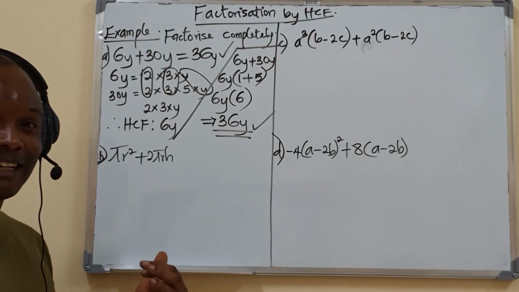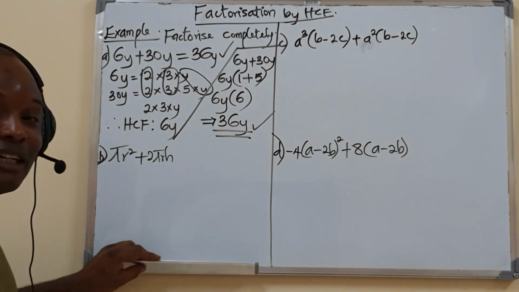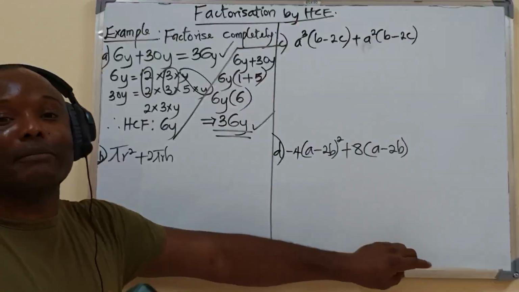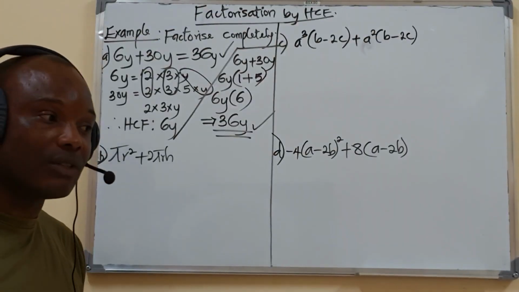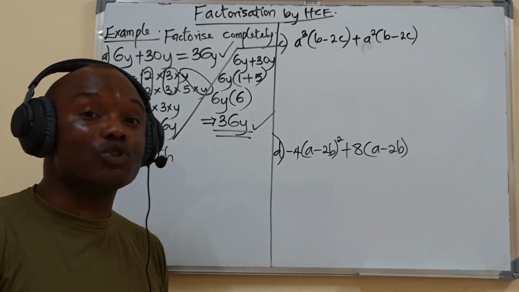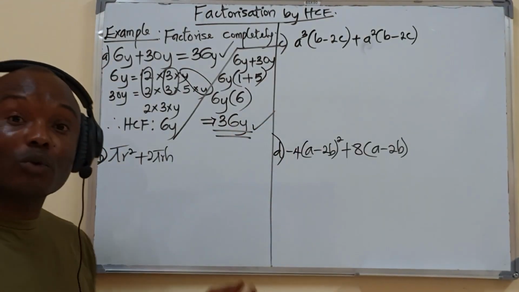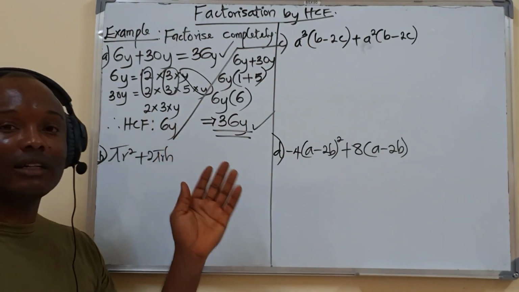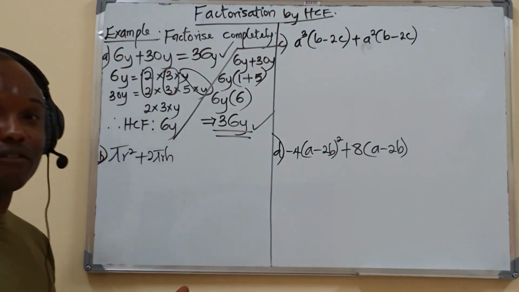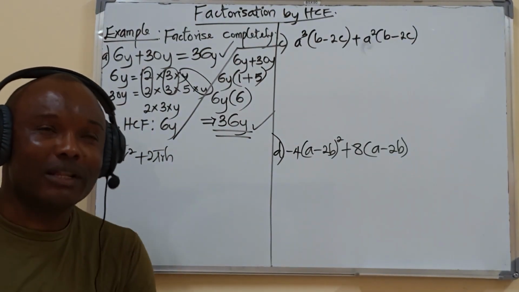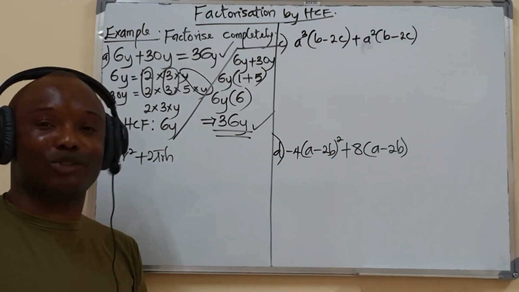Did you see that? So it matters a lot to know the highest common factor of the terms you are dealing with, because that will enable your factorization to go smoothly. As we work out these other problems, we'll be applying a similar skill. The only thing I might be skipping for the sake of time is the process of solving the HCF. You already knew that. You began learning that from primary school actually.